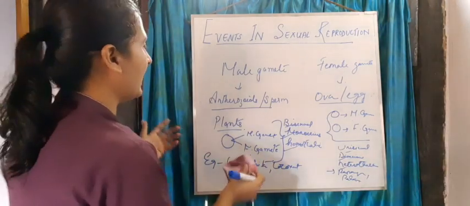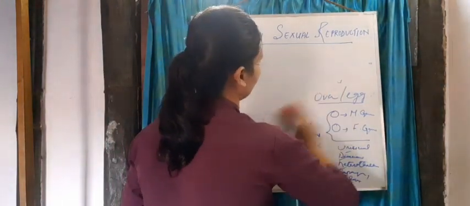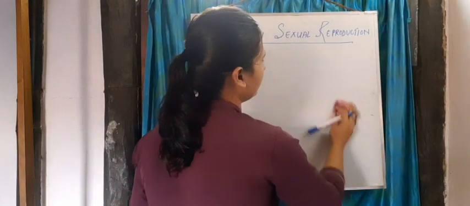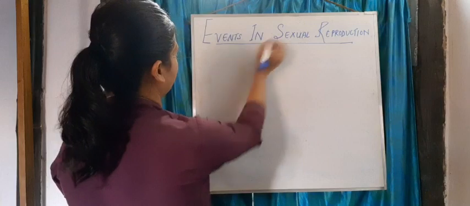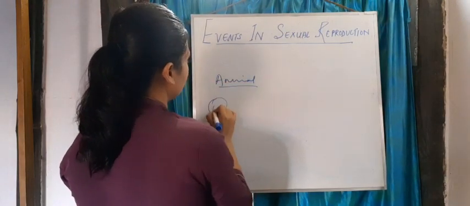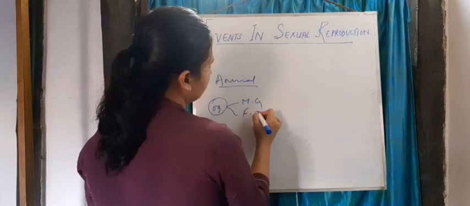Now let's see in animals. Similarly, in animals also, some organisms can produce both male gamete and female gamete.